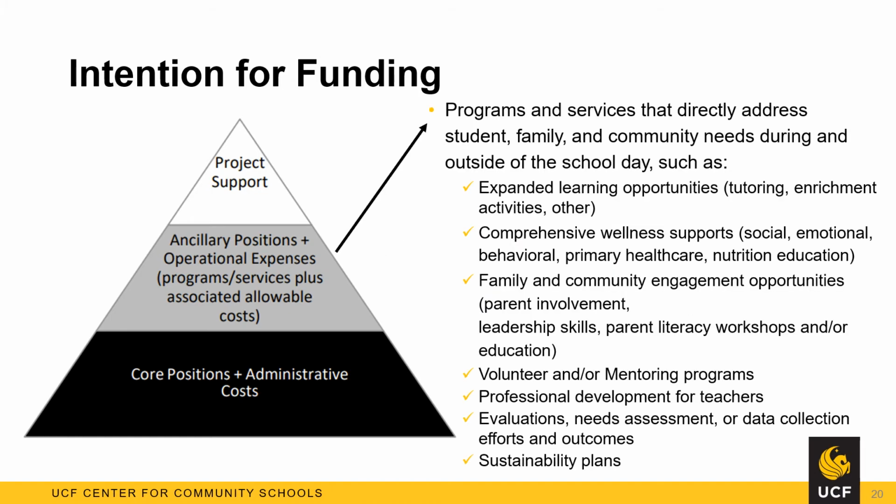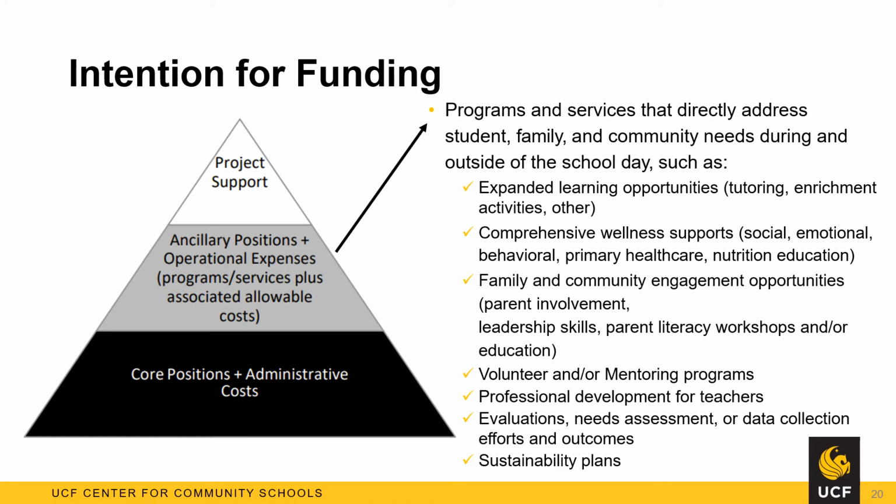The other aspect that's included in this middle tier in terms of the intention for funding are the programs and services that directly address student, family, and community needs during and outside of the school day, such as expanded learning opportunities, so tutoring, enrichment, mentoring, comprehensive wellness supports, and here this can also look like funding for copays, social, emotional, behavioral, primary health care, nutrition education, family and community engagement opportunities.